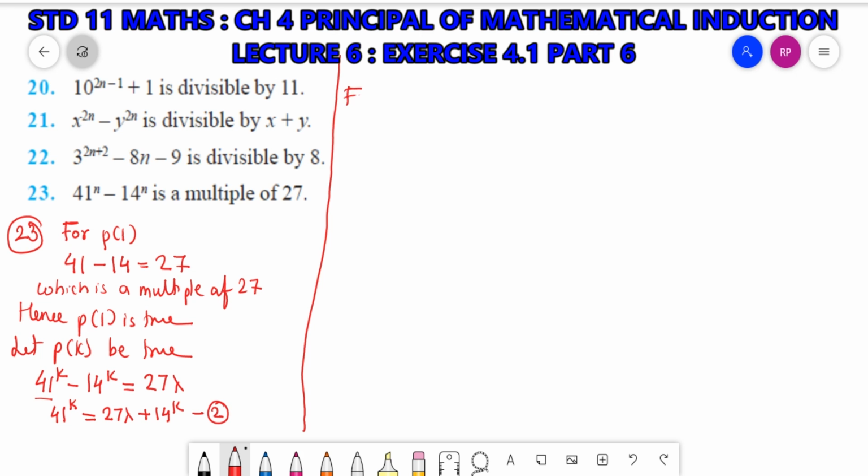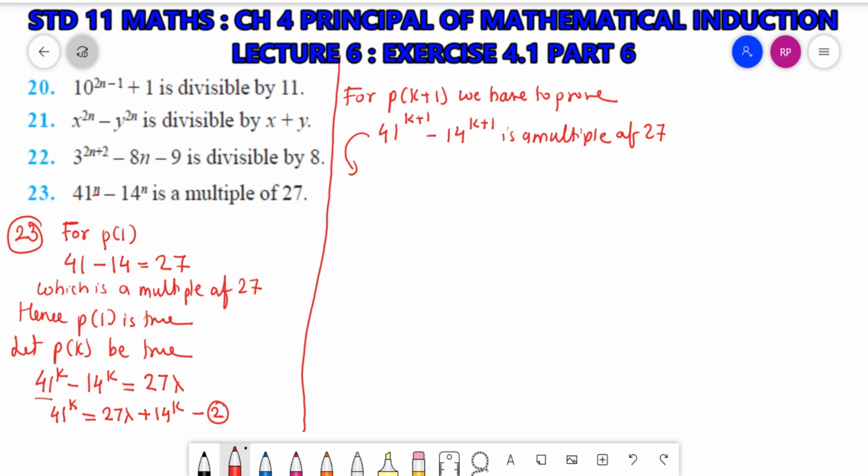Now, for P of k plus 1, we have to prove 41 instead of n, k plus 1 raised to k plus 1 minus 14, instead of n, I will use k plus 1, is a multiple of 27 here.